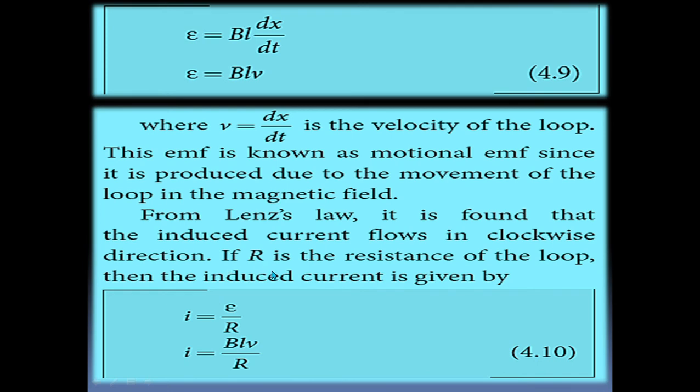If capital R is the resistance of the loop, then the induced current is given by Ohm's law: I is equal to V by R. Here I is equal to epsilon by R. Epsilon is nothing but BLv. Just substituting the value of epsilon, we obtain I is equal to BLv divided by capital R.